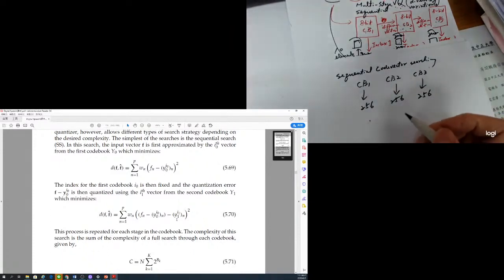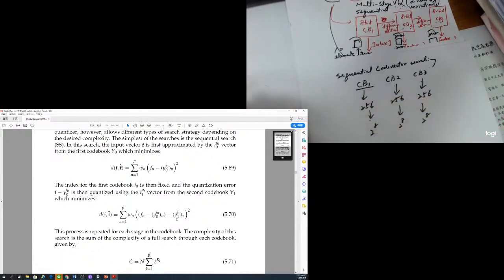If you consider the three codebook searches together, your complexity will be higher, because this one is 2 power a, this one 2 power a, this one 2 power a. If from codebook 1 we pick one, then here we pick one, and then this one we have a 256 combination.